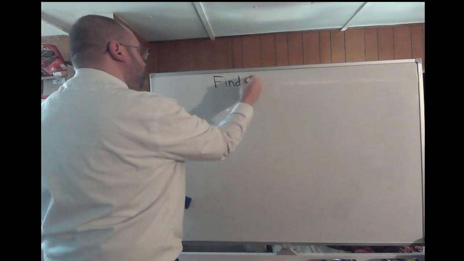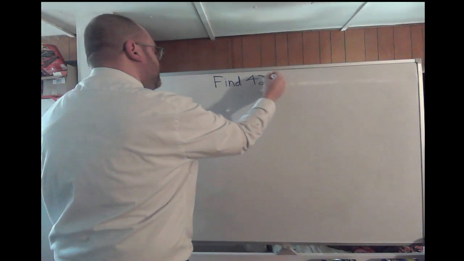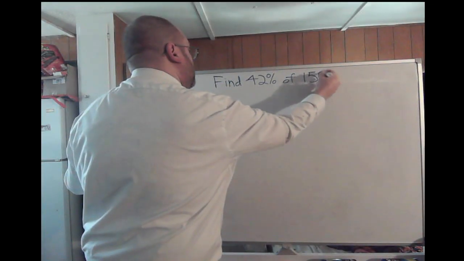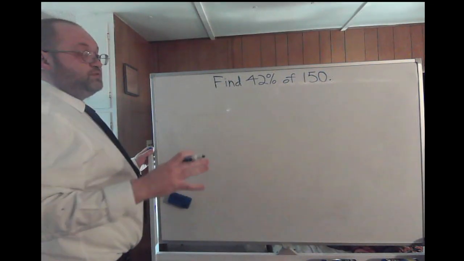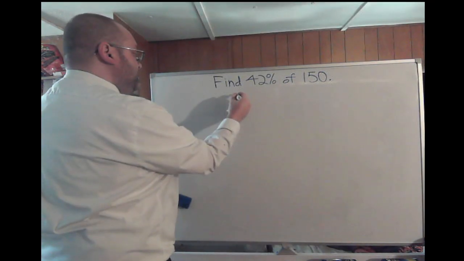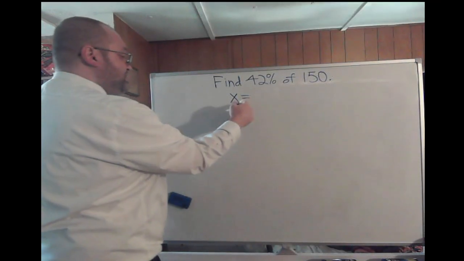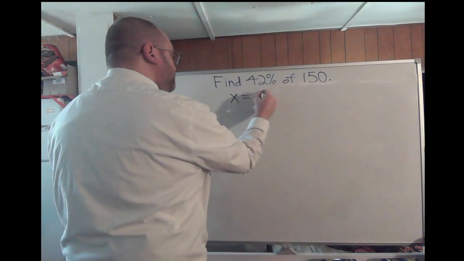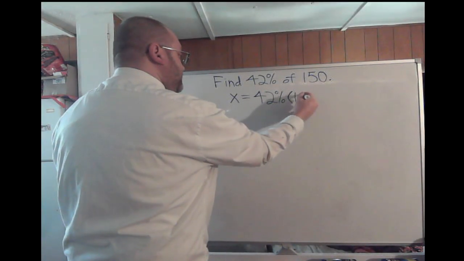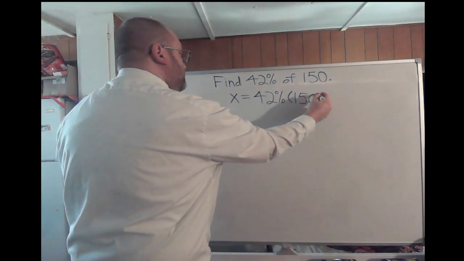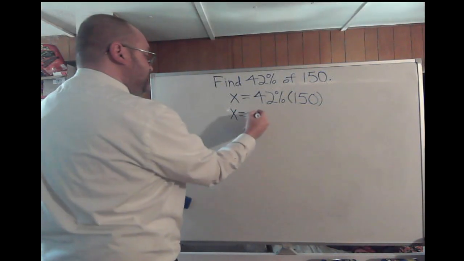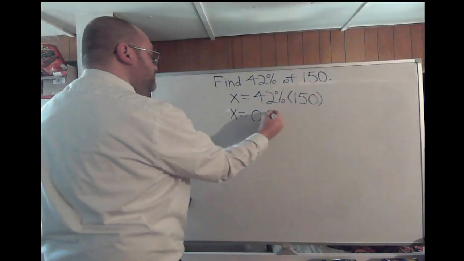Find 42% of 150. So we're going to find 42% of 150. That's the same as, what is 42% of 150? We'll pick the variable x, equal to 42% of, and of means multiply, 150. So 42% times 150, and we know 42% as a decimal is 0.42.